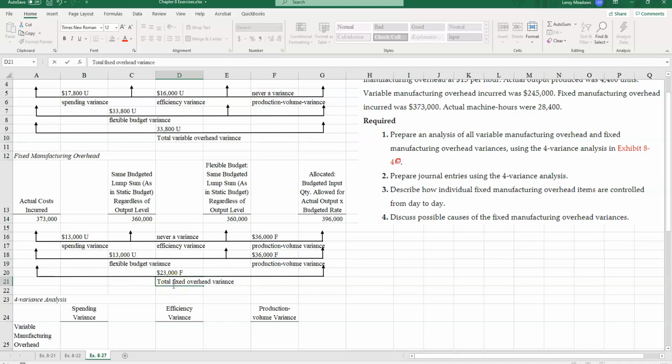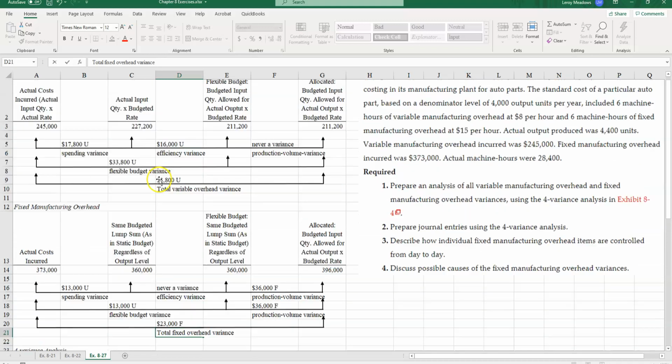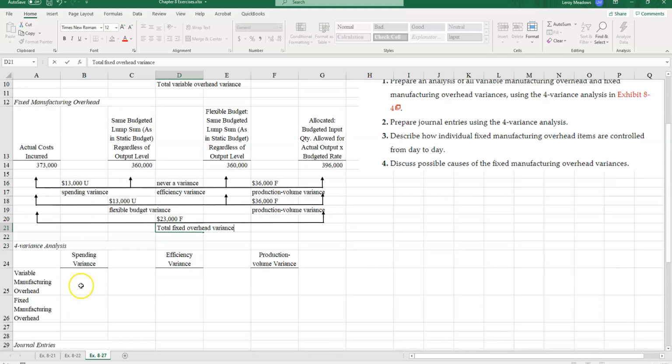So now let's go ahead and plug in our numbers that we got from up here. Spending variance for variable manufacturing overhead was what? 17,800 unfavorable.